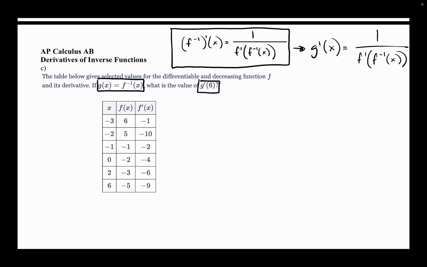So what's the first thing you think I'm going to do? Plug in 6. Everywhere there's an x, plug in 6. That's my a value.